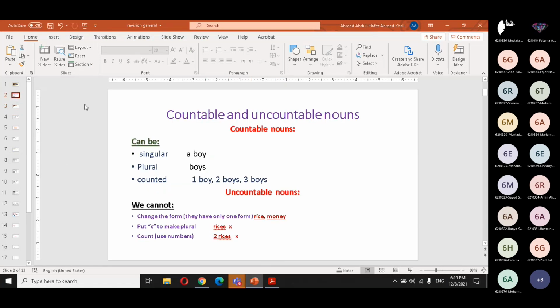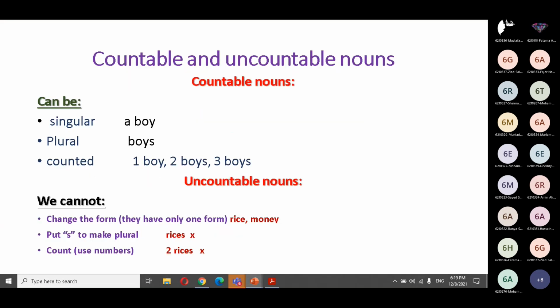So let's have a look again at what I was saying. I was talking about countable and uncountable, right? I said countable nouns can be singular or plural, like a boy, boys. So if any noun in English has singular and plural forms, it is countable.